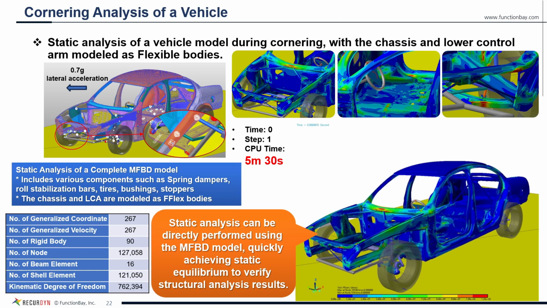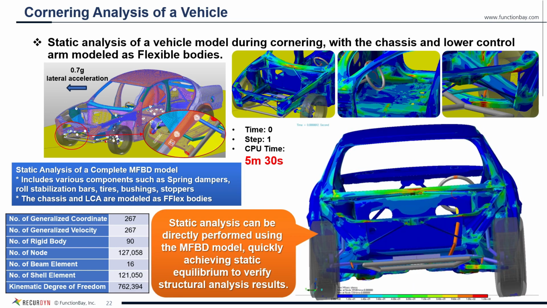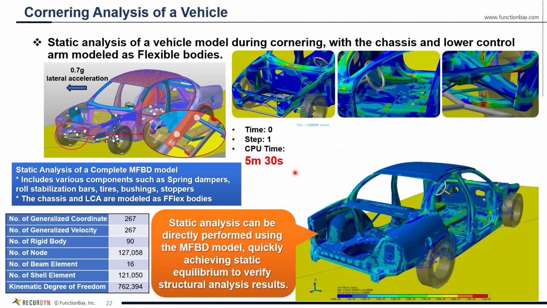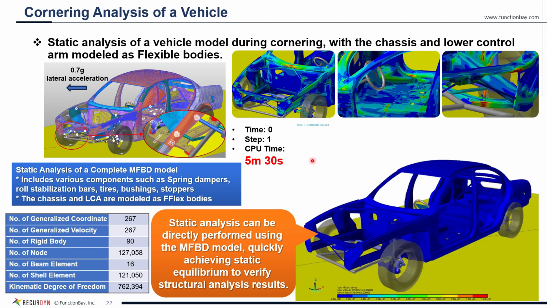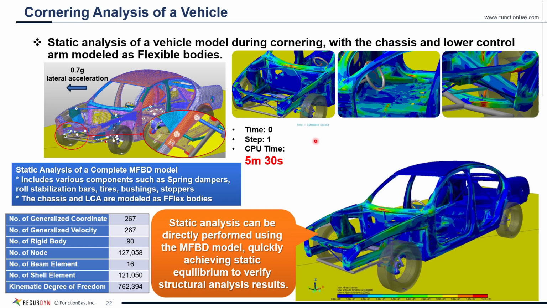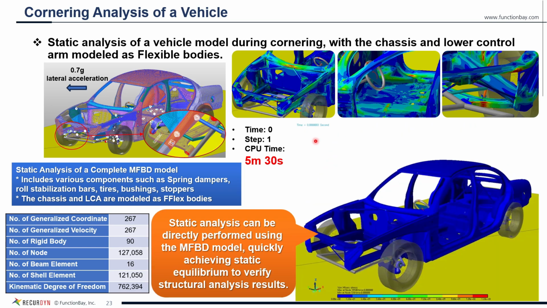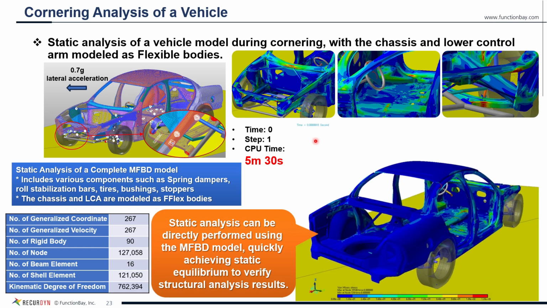So, system-level static analysis was used for this model. In this case, the static analysis was completed in just 5 minutes and 30 seconds. This model also includes the effects of specialized force elements such as tires. And despite the presence of such complex elements, the static analysis was performed seamlessly.